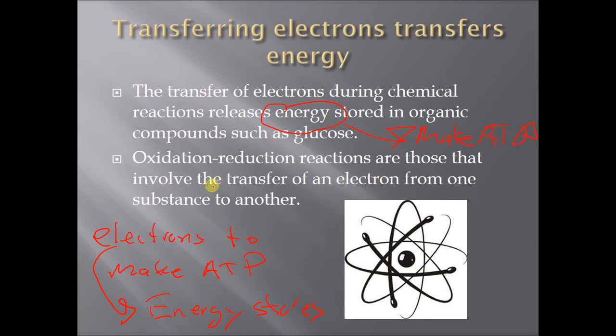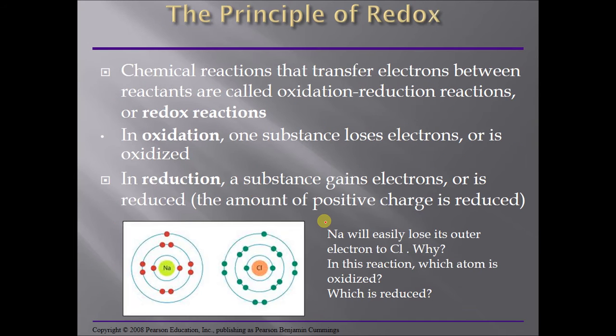Oxidation-reduction reactions are those that involve the transfer of electrons from one substance to another. Cellular respiration deals with a lot of oxidation-reduction reactions to harvest those electrons as we digest glucose, to get the energy out of them to use to make ATP.